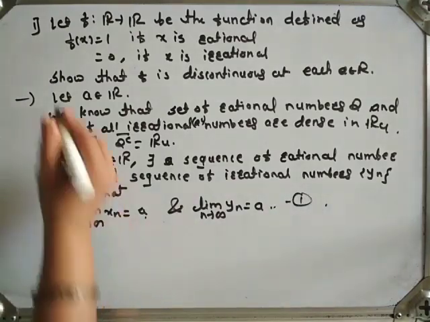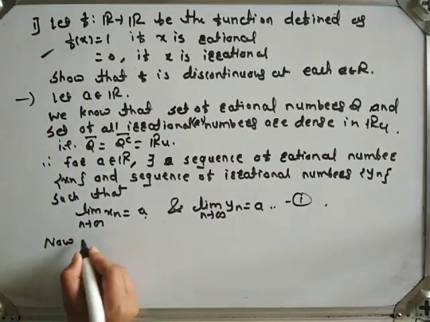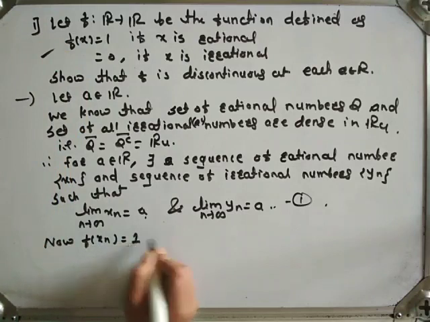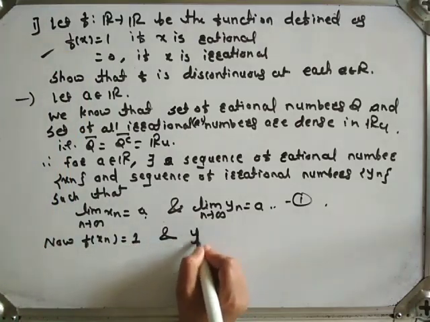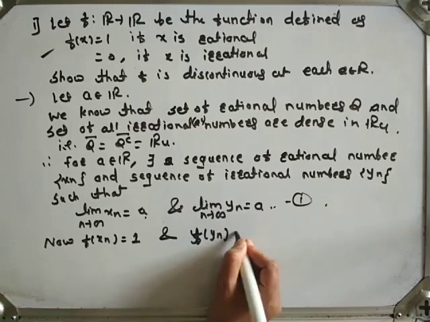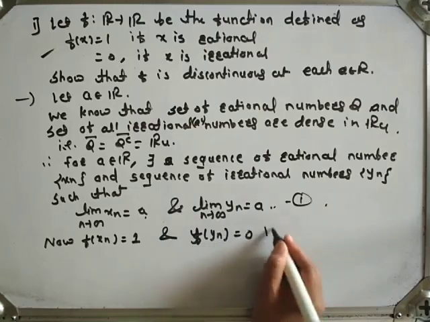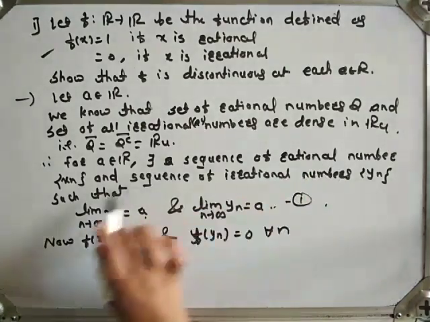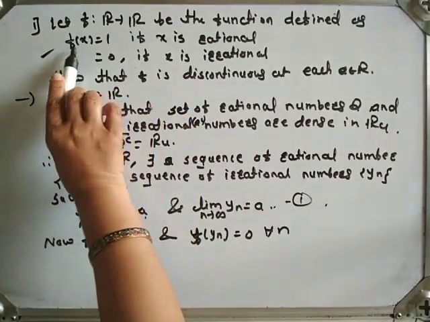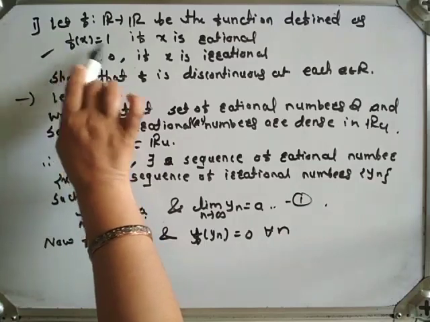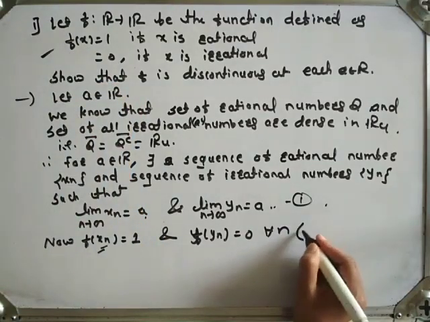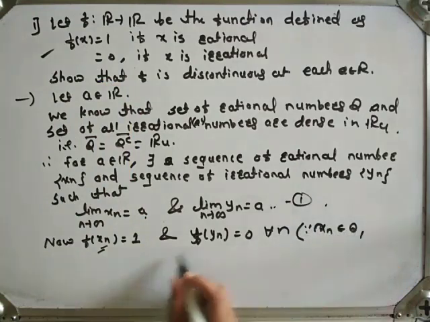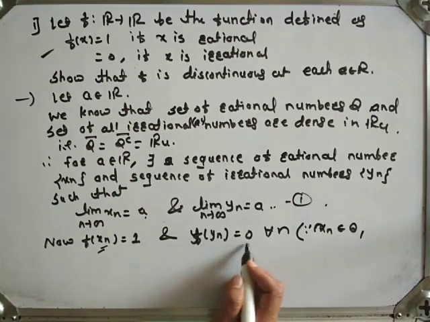Now, in the problem we are given that f of xn is equal to 1 and f of yn is equal to 0. Why is this? Because xn is a sequence of rational numbers, and we are given that when x is rational, f of x is equal to 1, since xn belongs to Q. Why is f of yn equal to 0?